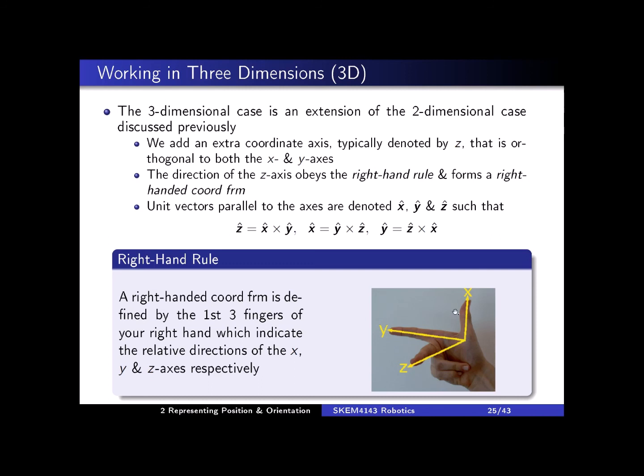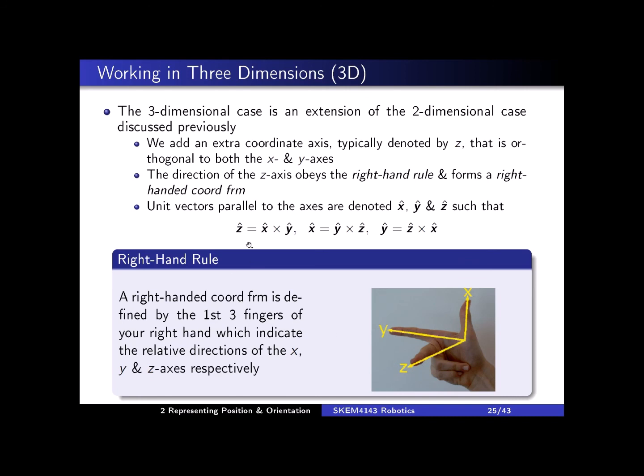So if this is your x and this is your y, your z always points in this direction as given by your right fingers. So your thumb is x, this finger is y, and the middle finger is z.